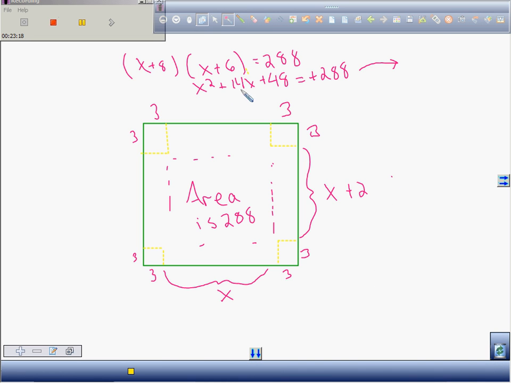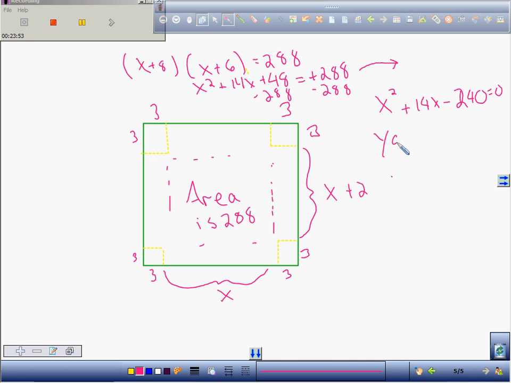I need 0 over here, so I subtract 288. That gives me x squared plus 14x minus 48 minus 288 makes 240, equals 0.